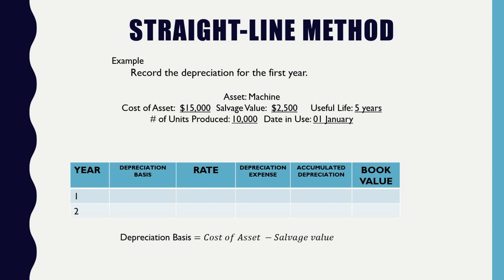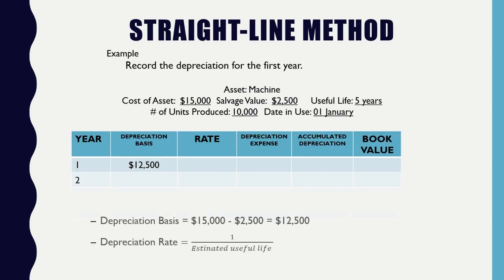All right, let's solve for the depreciation basis. It's going to be asset cost minus salvage value, so 15,000 minus 2,500 gives you 12,500. The depreciation rate is going to be 1 over the estimated useful life, so in this case, 1 divided by 5, which is 20%.